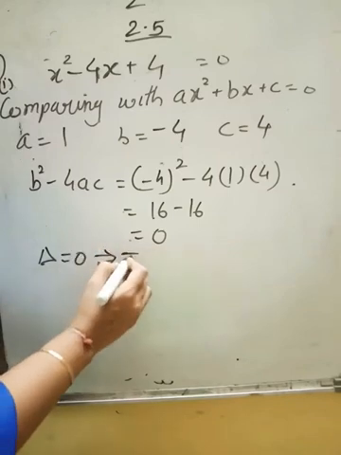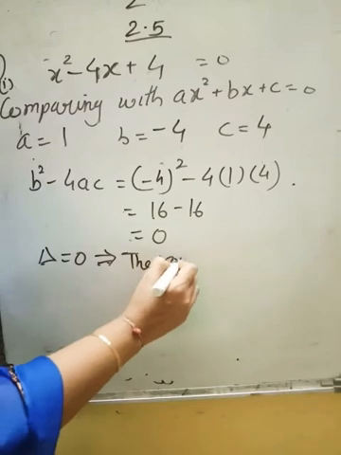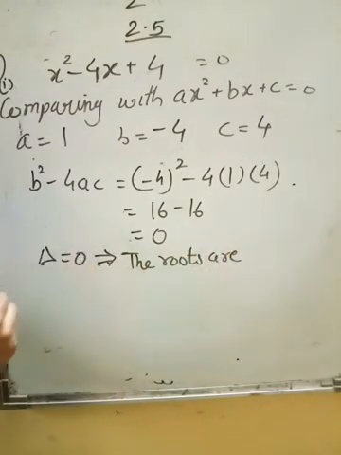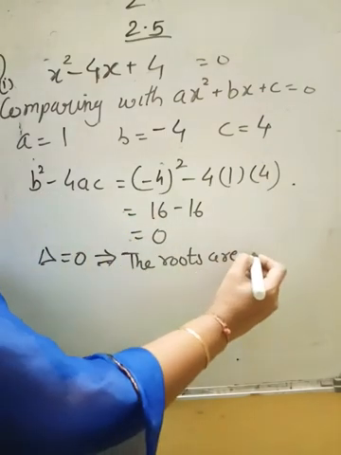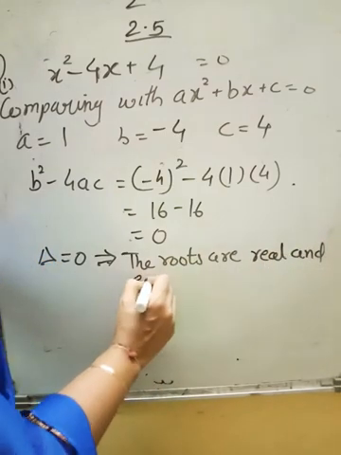So what you got, discriminant as 0. What does it imply? The roots are not real. No, it is real and equal. If it is negative, then it will be not real. Correct? Yes, real and equal.